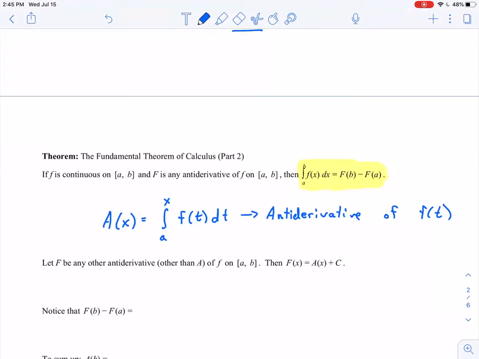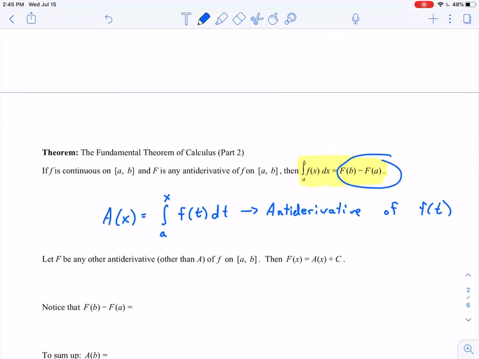So notice that if I want to look at F of b minus F of a, I'm actually starting over here on the right-hand side, F of b minus F of a. I'm going to use this relationship between F of x and A of x. So this is A of b plus c minus A of a plus c.